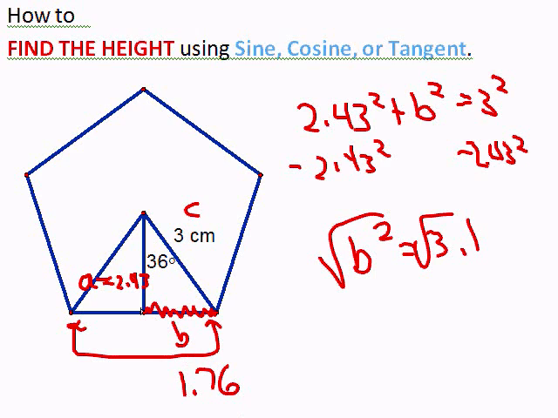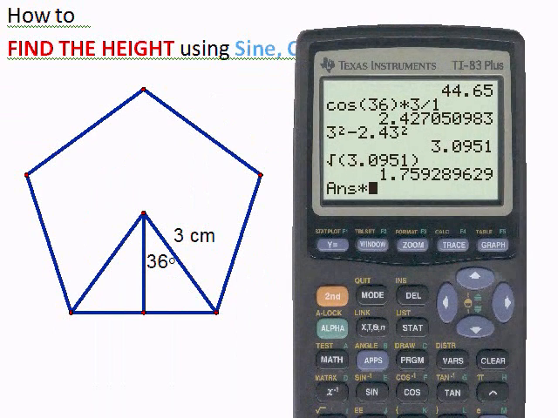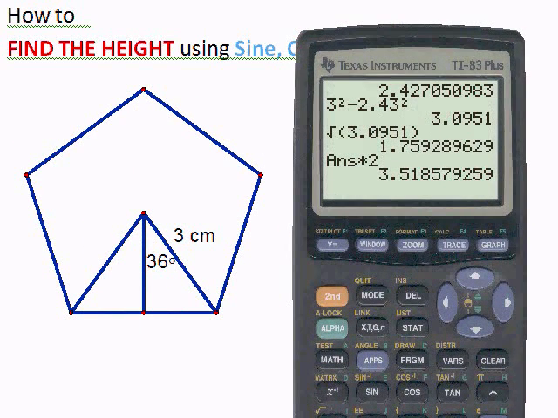Which means if we multiply by 2 to give us the entire base, we can now solve for the area of the triangle. So 1.76 times 2 gives us the distance of our base right here. This is 3.52 roughly. The height was 2.43.